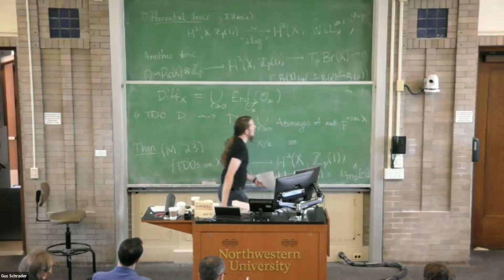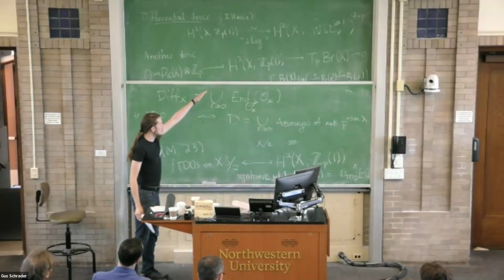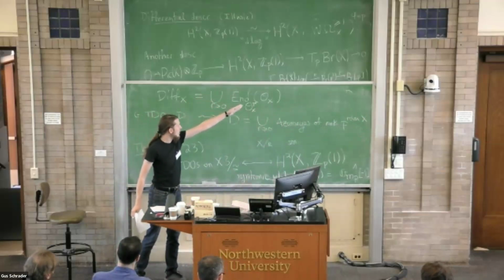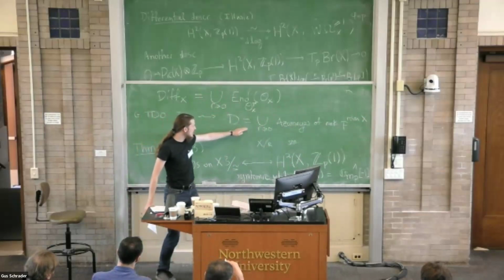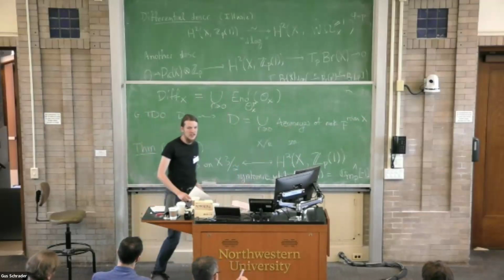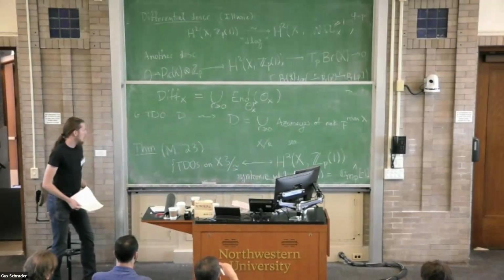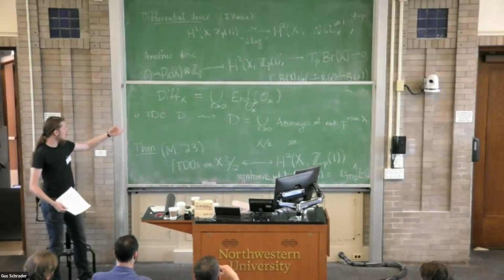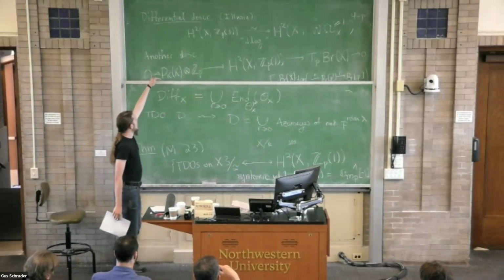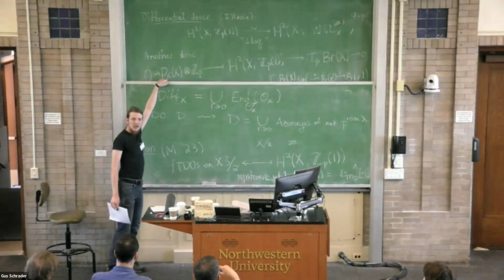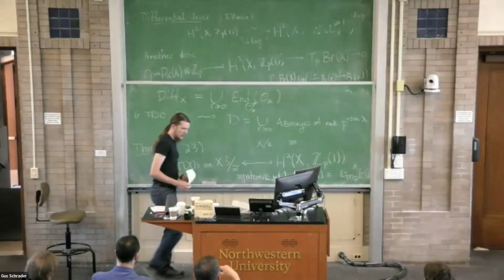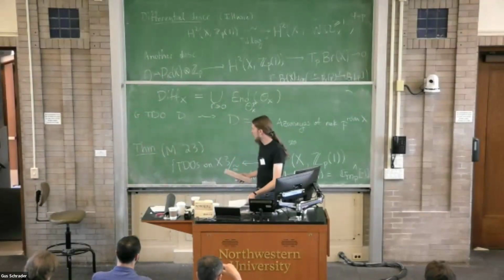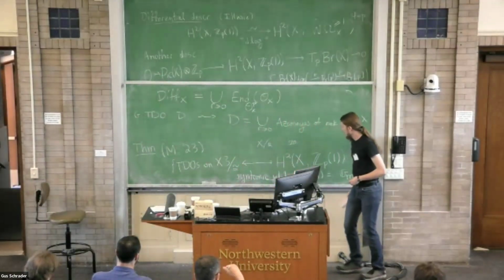And the assignment from weight 1 syntomic cohomology to this Tate module of the Brauer group exactly sends D to the Brauer classes of these Azumaya algebras. When you do that, there's some ambiguity up to line bundles, and that's where the Picard group tensor Z_p comes in. So that's a sketch of how you might try to prove it.